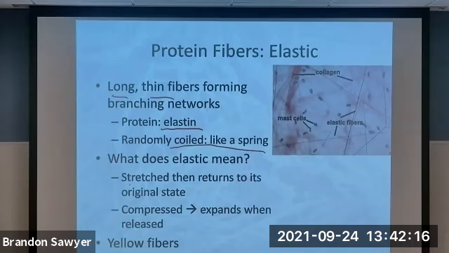What elastic means is we can stretch it, and after we take that pressure off, it returns to its original state. Same idea with compressing it: if we smash it down, it bounces back and expands to where it was. These are typically known as yellow fibers because they look somewhat yellow under the microscope.